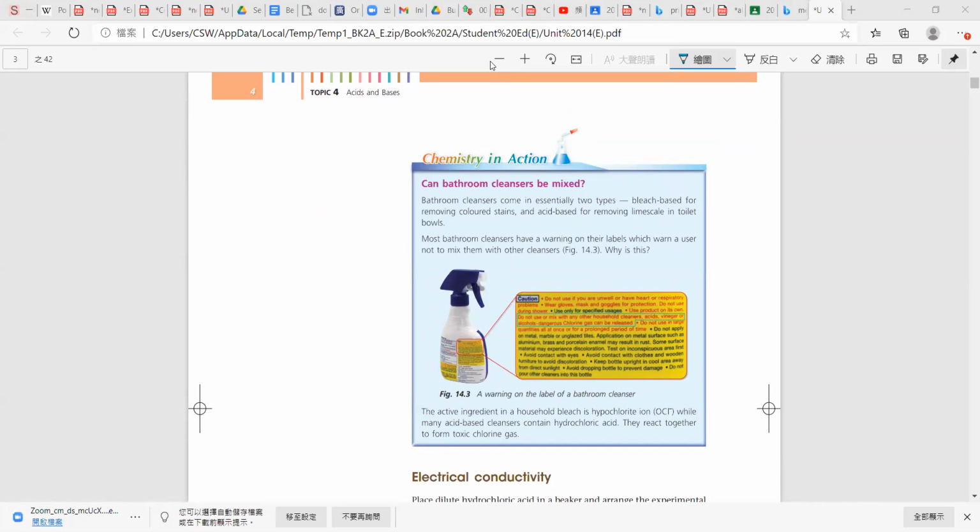Phenolphthalein. Yes, phenolphthalein. Litmus. Yep, litmus solution. What else? Methyl orange. Okay, methyl orange, phenolphthalein. So what are they collectively called? Do you know what they are? What is the use of these three chemicals in our school lab?